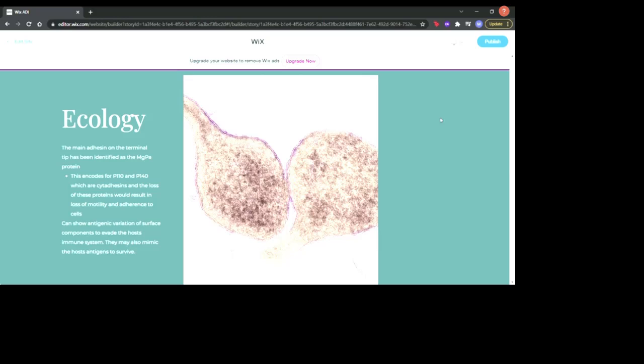So it's almost like putting on a wolf in sheep's clothing. It basically hides itself, and our immune system cannot detect it as foreign.